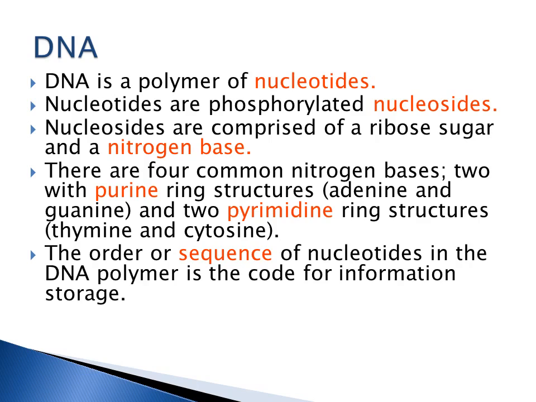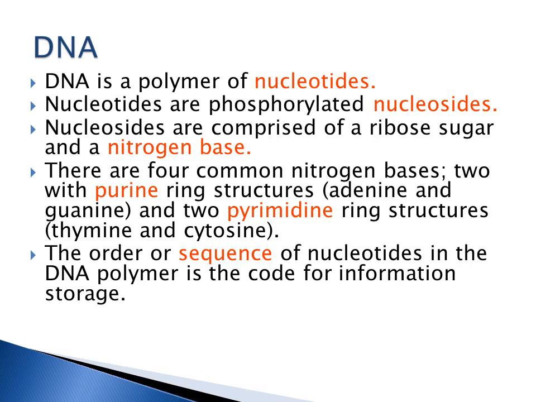So DNA is a polymer of nucleotides. Nucleotides are phosphorylated nucleosides. Nucleosides, we already said, are comprised of a ribose sugar and a nitrogen base. There are 4 common nitrogen bases. 2 have a purine ring structure, and these are adenine and guanine.